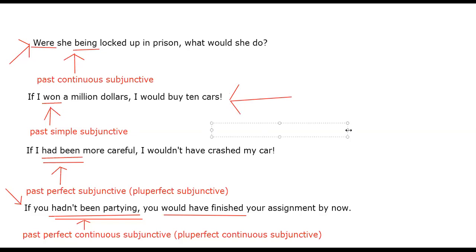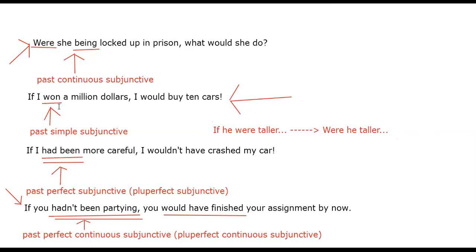So you could say, "if he were taller," this can be "were he taller." So for "were," you can invert that too. You just switch "were" and whatever the subject is and then take out the "if." You could do that too, but you can't do that with all the other past subjunctive verbs.